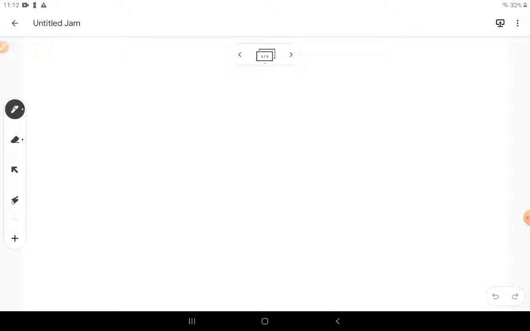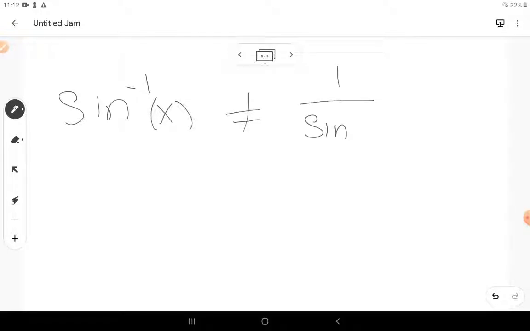This is just a misconception. Sine inverse of x is not the same expression as 1 over sine x, meaning that this -1 is not an exponent. So we're not going to treat it like an exponent.